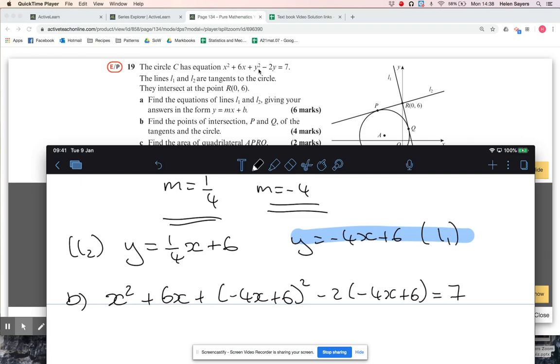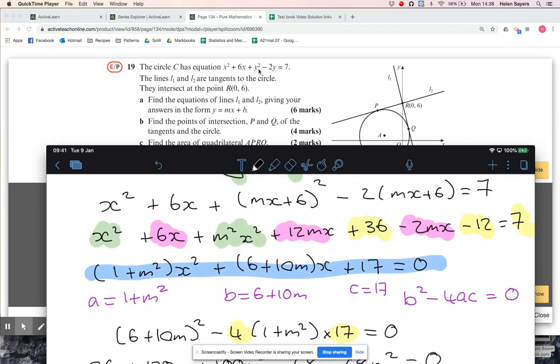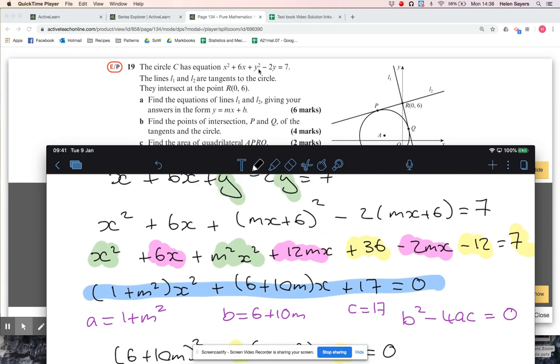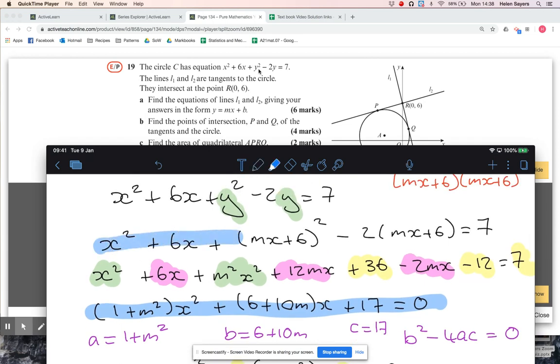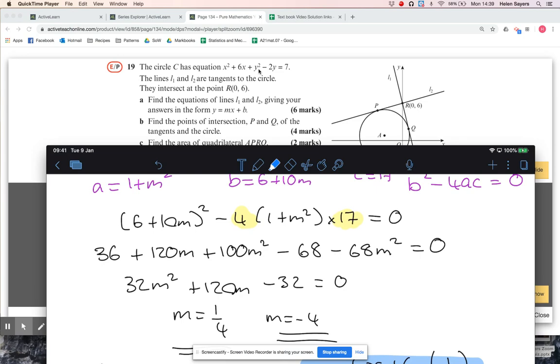Okay, so you could go back and do that again, but if we then look back to the bit I highlighted in blue, that's all that is. So that's basically the line I've just written, where I've used minus 4 for m. So we'd actually already done the simplifying of that. So our best bet would be to go to that. So let's do that. You can do it either way.